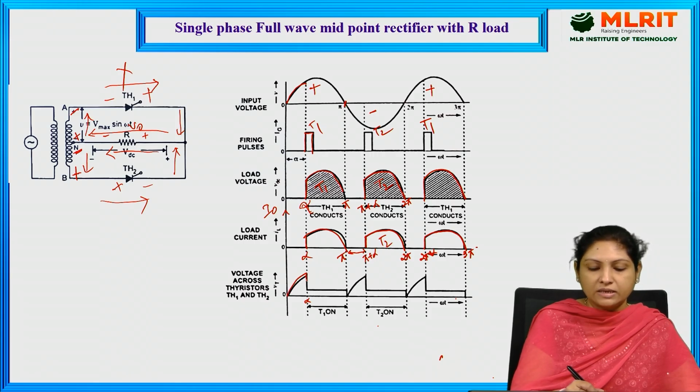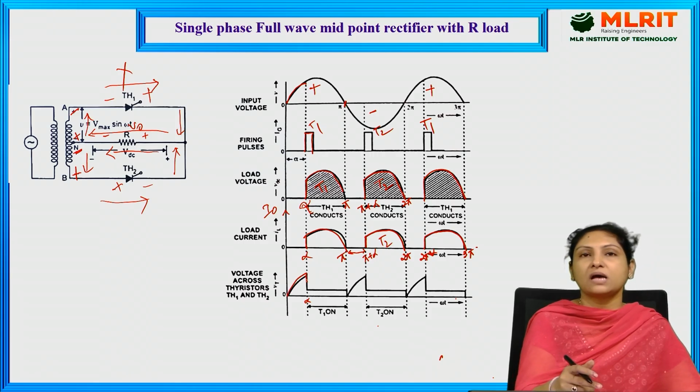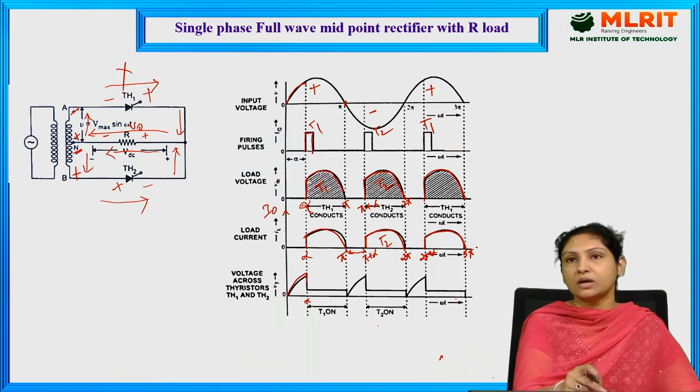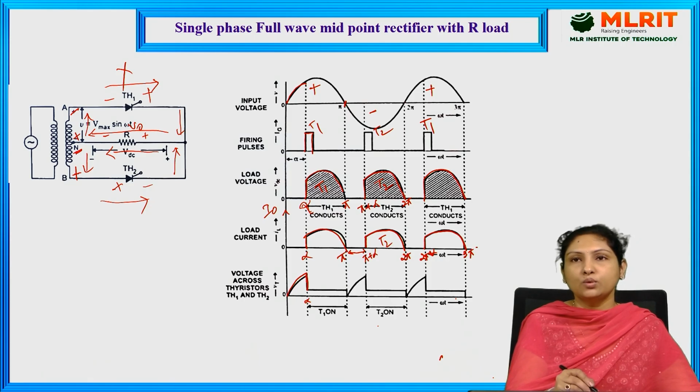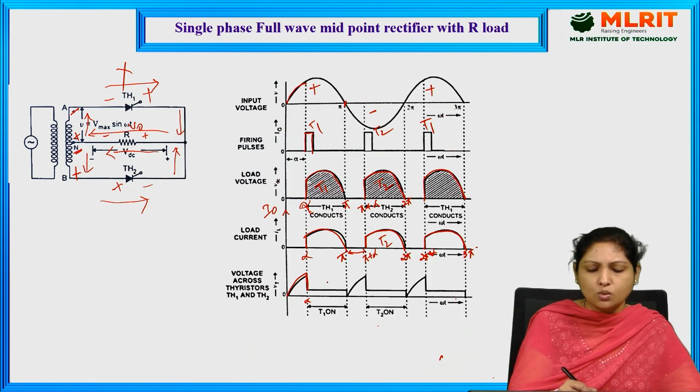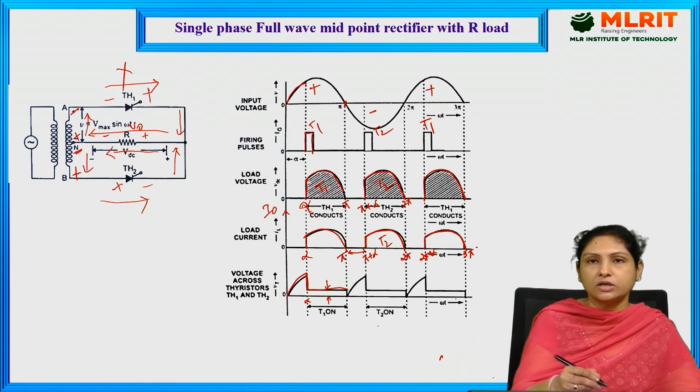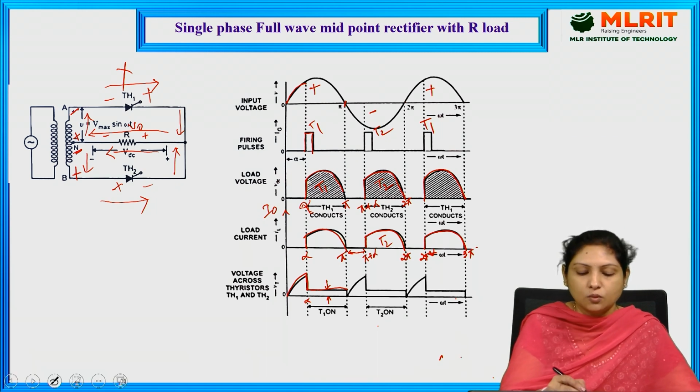And the moment it reaches alpha, what is happening? Thyristor 1 has come into the conduction state. So that is how the voltage across this particular device will be almost equal to 0. That is, the on-state voltage drop across the device will appear during the on state of thyristor 1. And the moment it reaches pi, again thyristor 1 is off.